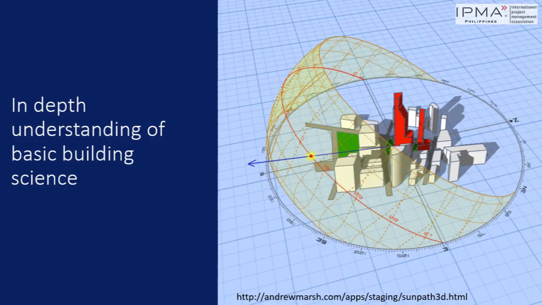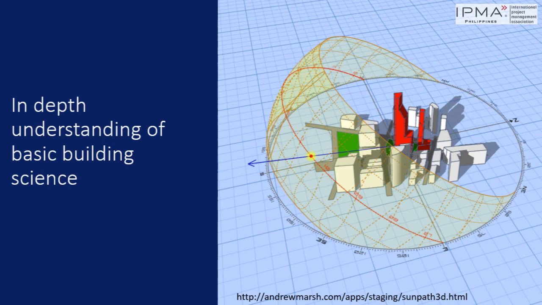Then another theme in net zero is the in-depth understanding of basic building science. It is very important for the project team to understand the basics of building science, the massing, the orientation of the building, and how the orientation of the building will affect the energy consumption.